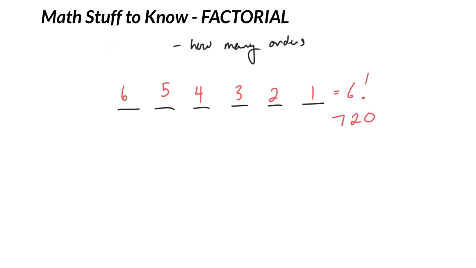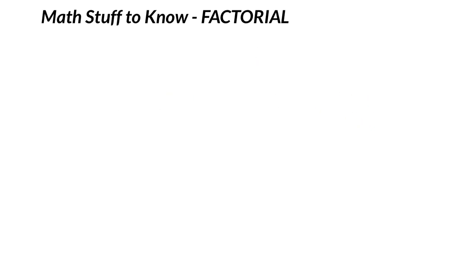Another thing to know about probability is that factorial has a kind of weird situation, and that is 0 factorial. 0 factorial is 1. That always seems odd to people, but think about if I did 5 factorial divided by 4 factorial, that's just 5.